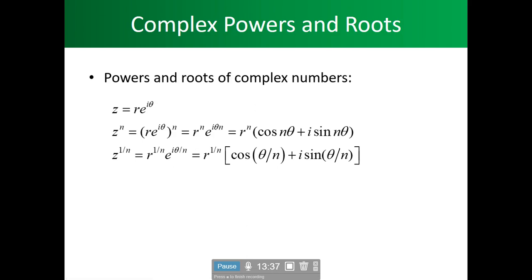But now, if we're going to add a power to that, we multiply it times everything in the exponential. So r gets an n, and e gets an n also. And we also have to add that to our sine and cosine. We're multiplying it times that angle, such that it can move that much more rapidly. Then we have the 1 over n, same pattern.